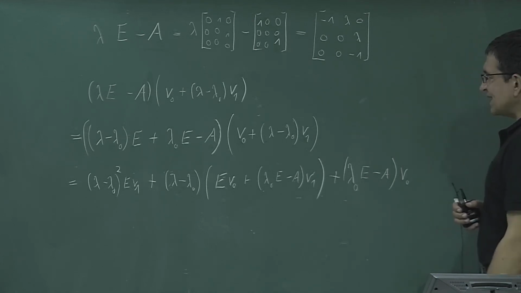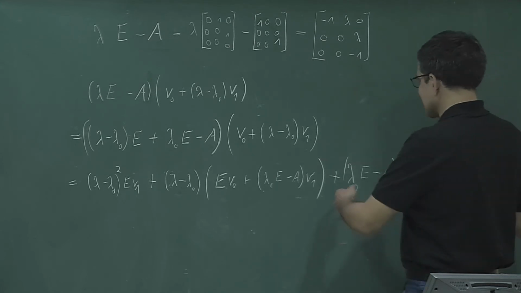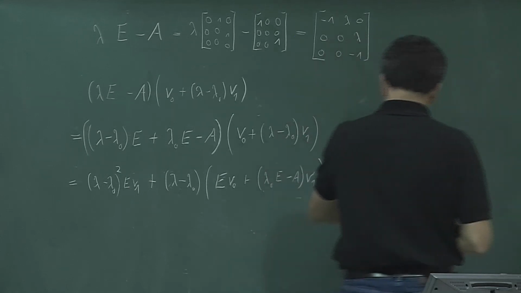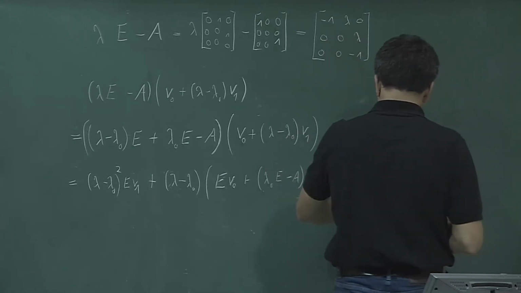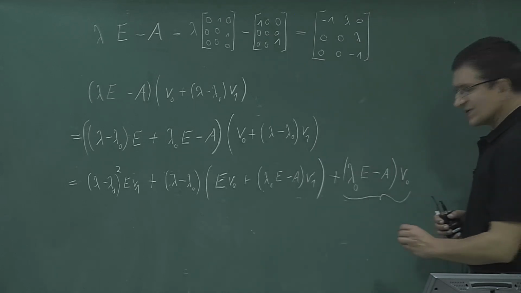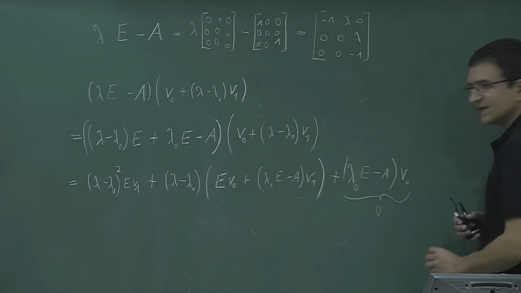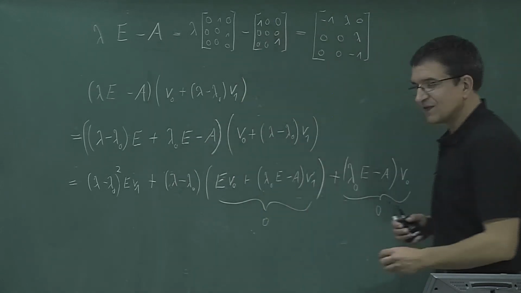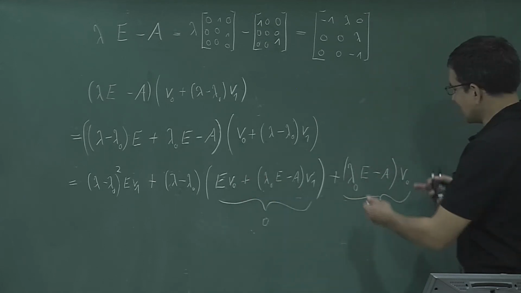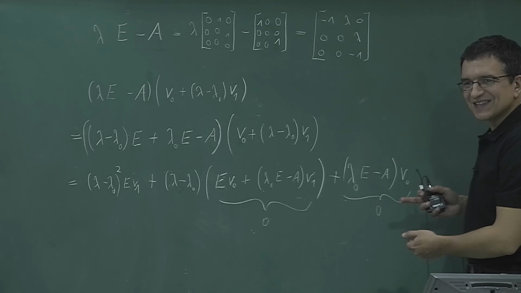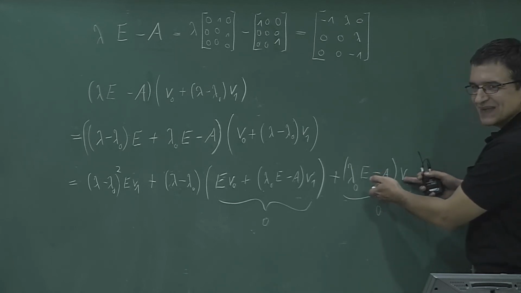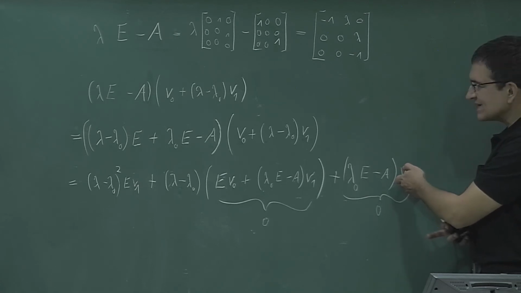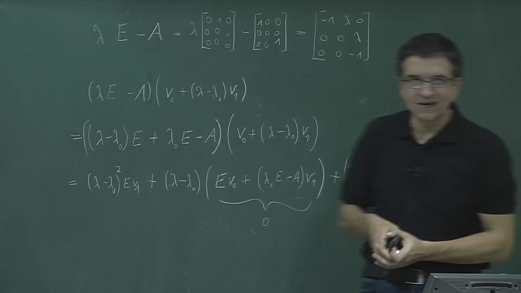Now look at the constant term and the linear term. When do we have that these terms vanish, that here's the 0 and here's the 0? Of course, when these expressions are 0, but this means that lambda 0 with v0 is an eigenvector.